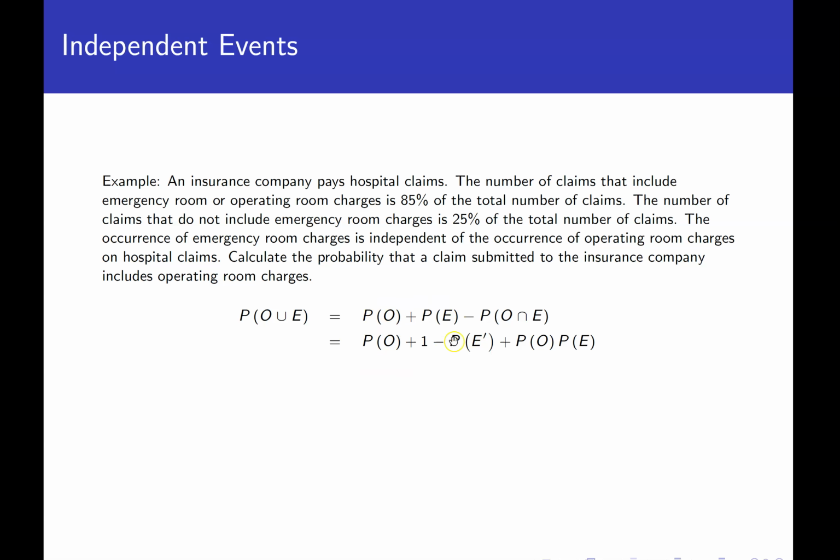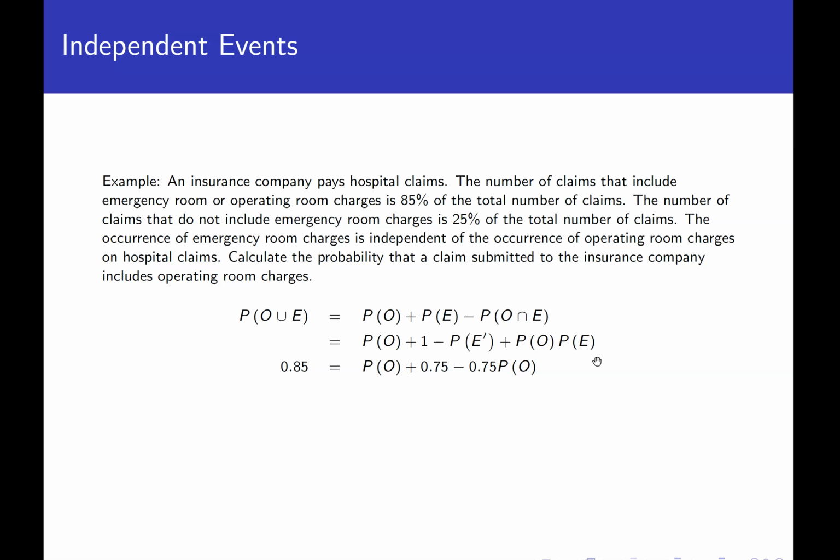We are given something about emergency room charges. We know that claims that do not include emergency room charges is 25%. So we can rewrite the probability of having emergency room charges in terms of its complement. So that's where this 1 minus probability of E complement comes from. And we know that operating room charges and emergency room charges are independent of one another, so we can break that up as a product.